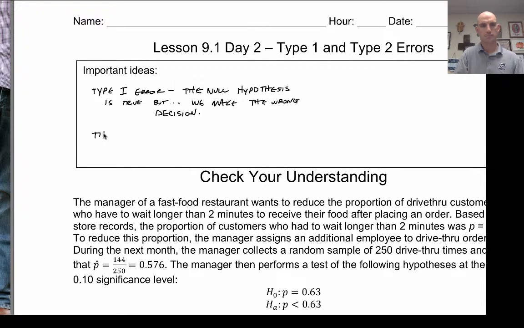A type 2 error: the alternative hypothesis is correct, or is true, but we make the wrong decision.